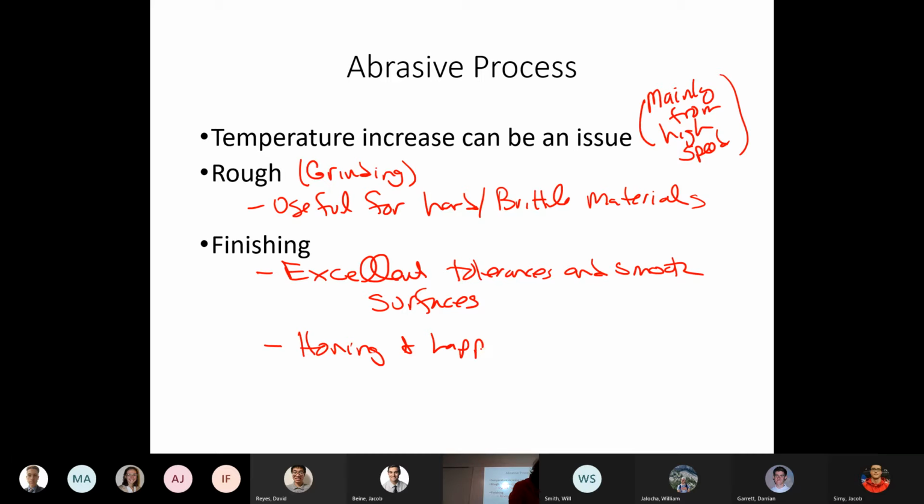Honing and lapping are two examples we're going to use. There are others, but if we think about our chart, the smoothest surfaces were from some of these abrasive processes.